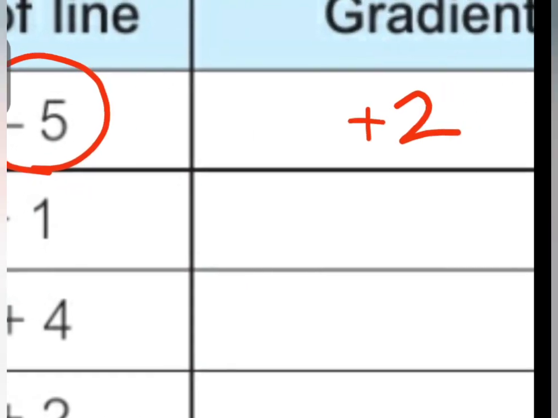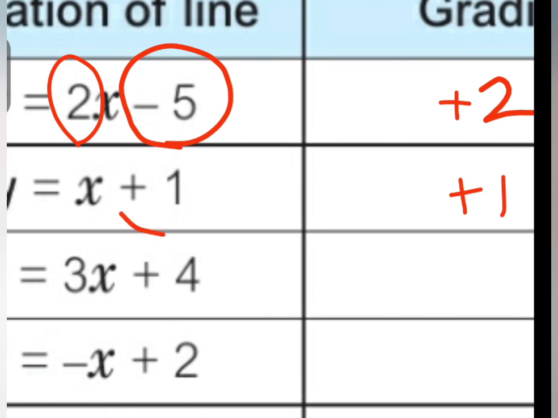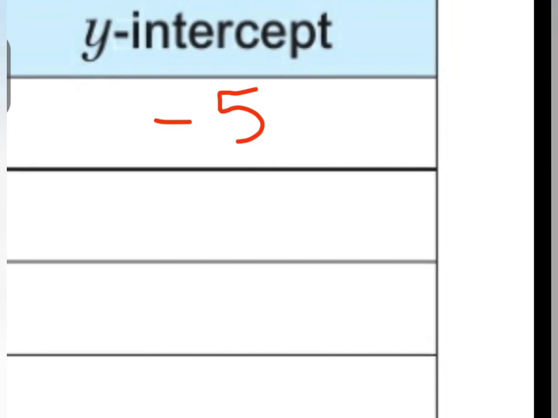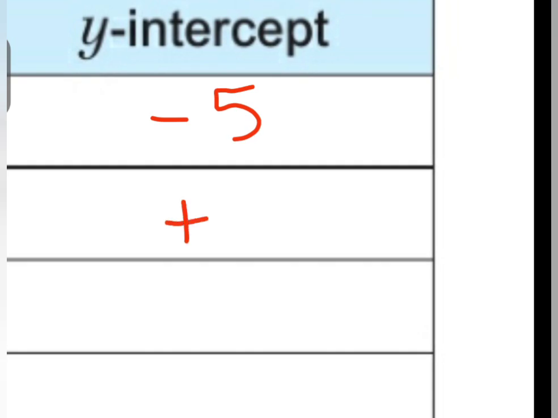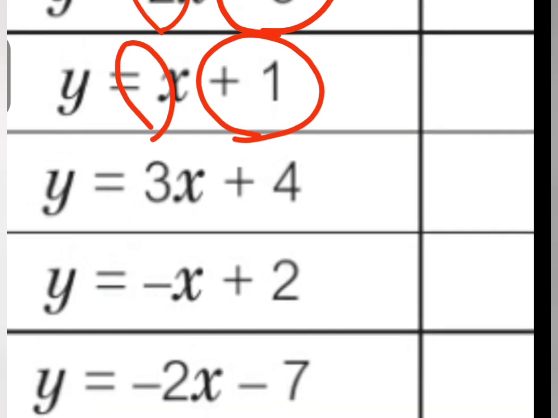So we write 1, or +1, good. And then the y-intercept is the number alone, which is +1. Now let's write it in the y-intercept area. So it's +1.